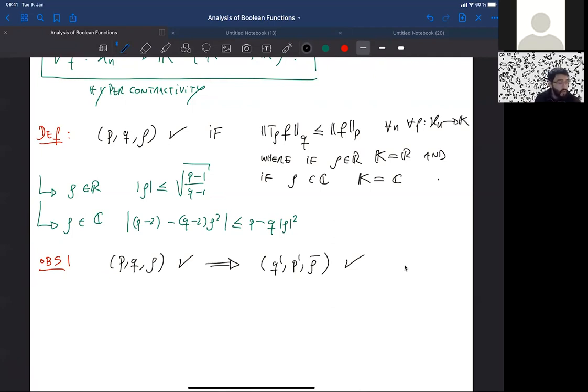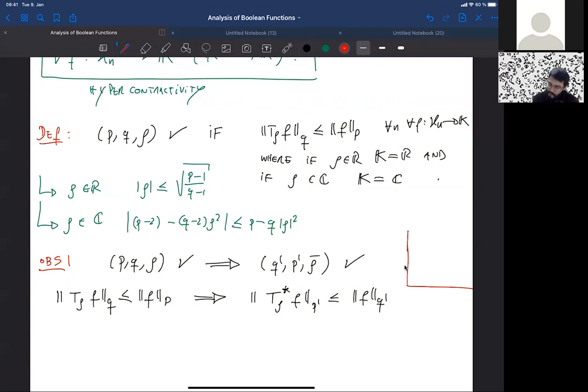That's easy to show, because if this is true, then it's easy to show that the adjoint satisfies the same, but with the exponents inverted. Here p′ is the dual exponent of p.